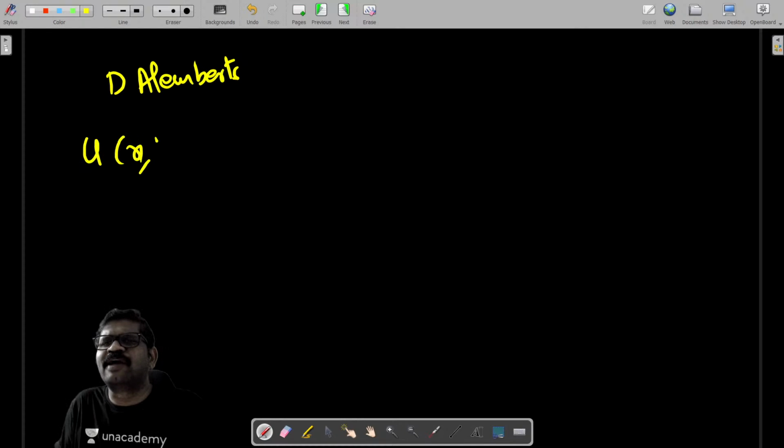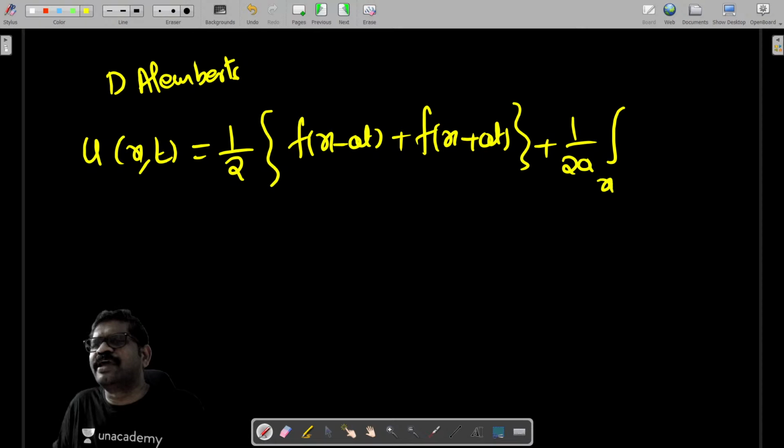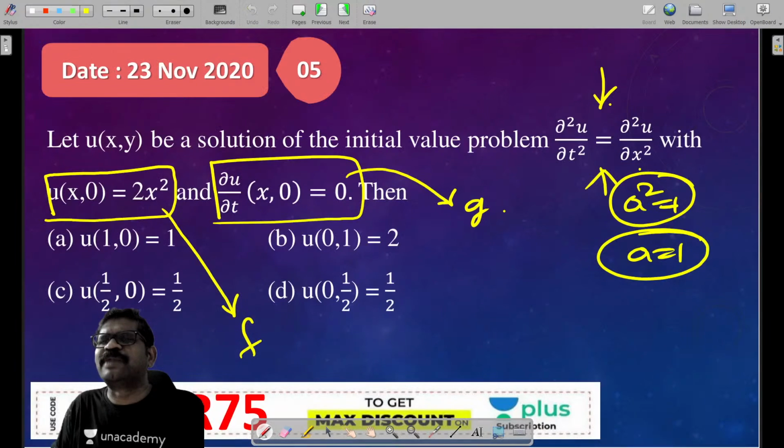By D'Alembert solution, u of x comma t is 1 by 2 of f of x minus at plus f of x plus at, plus 1 by 2a integral from x minus at to x plus at of g of y dy. Now observe, 1 by 2 of f of x plus at.